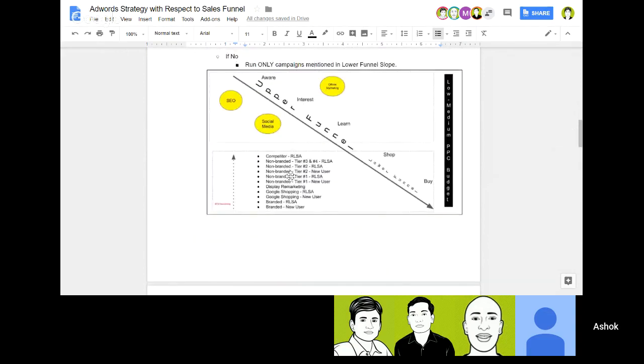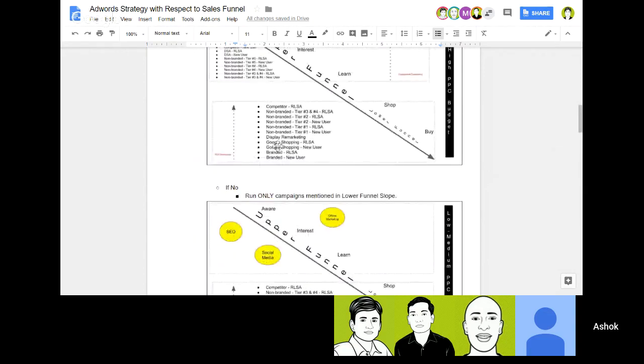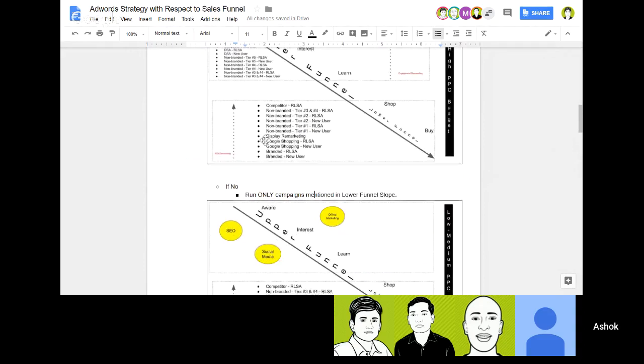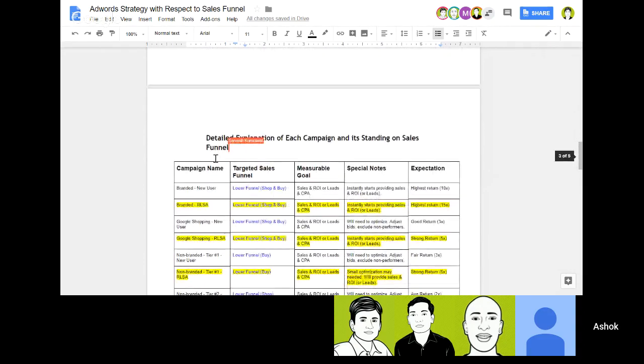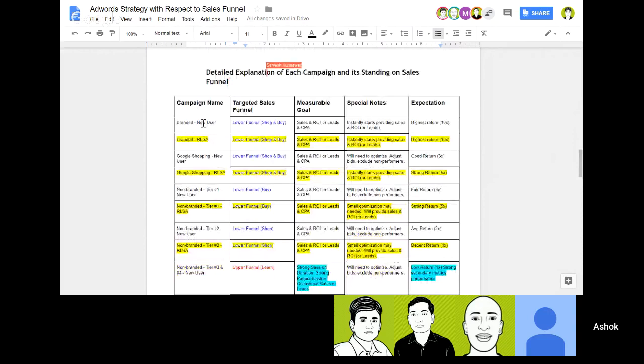Whatever I talked about here, campaign and sales funnel stage, this table provides a really good explanation. Like branded new users, it falls under lower funnel. I have talked about funnel here because we are having just two funnels.